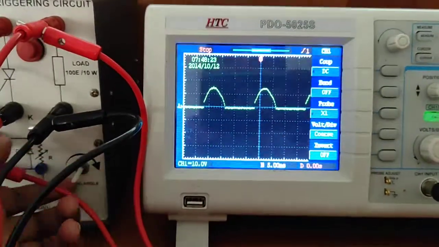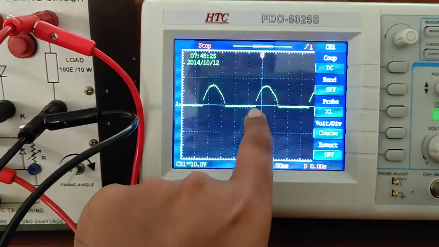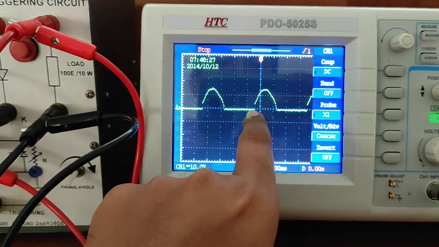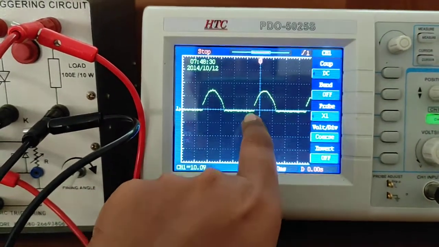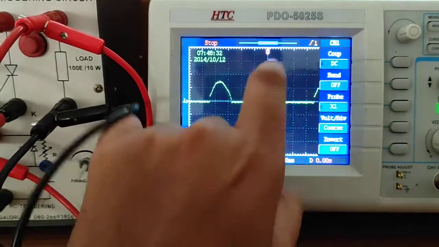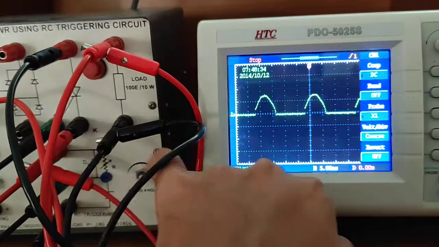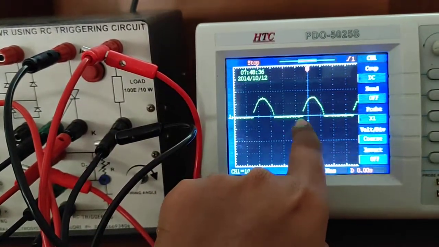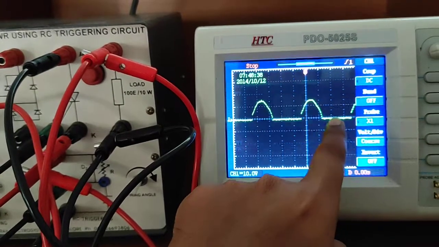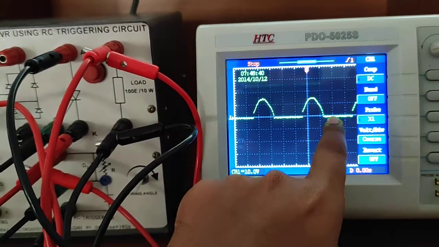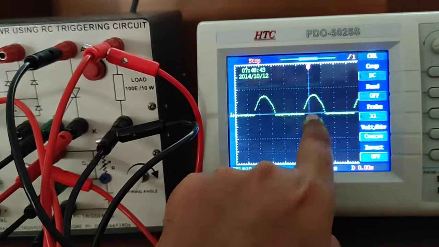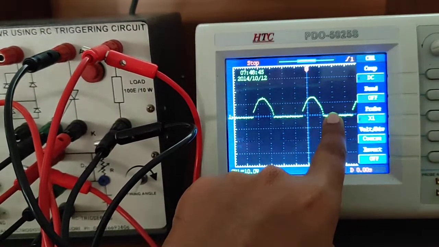That is the reason we have the maximum positive cycle appearing at the load, because here we are connecting a single thyristor. So we only get 180 degrees. We won't get any negative cycle here. For the negative cycle, the load voltage is 0.